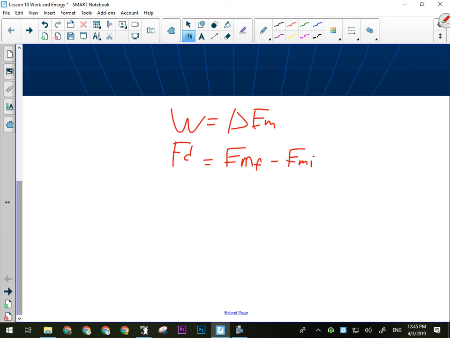And I calculate mechanical energy by adding the potential and the kinetic together. So I would have something like this: EP final plus EK final minus EP initial plus EK initial.